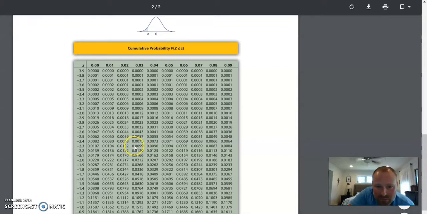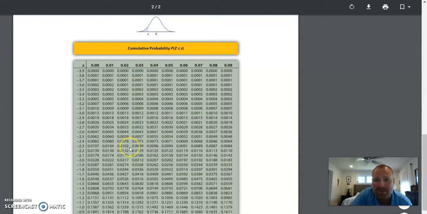And so if you were to do this, you would line up the columns, and basically you would see that our value is going to be negative 2.3, okay, either negative 2.2 or negative 2.3, all right?